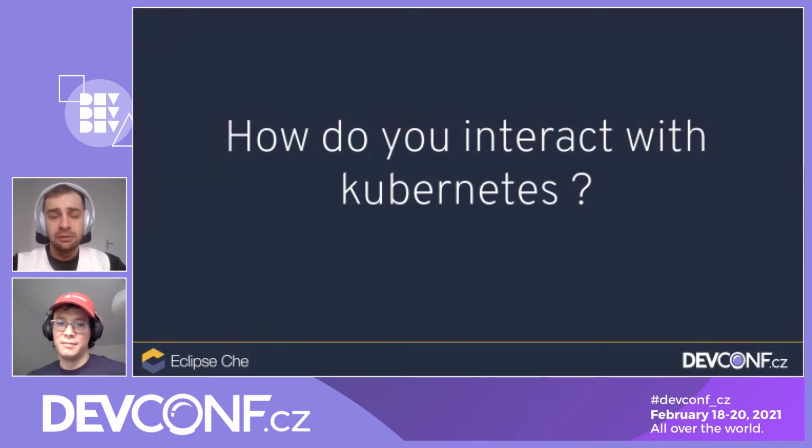Or maybe you are a developer and you use various libraries in order to create Kubernetes resources from your code. For example, in Eclipse Che, under the hood, we are using the wonderful Fabric8 Kubernetes client library for creation of Kubernetes resources. But no matter how you interact with Kubernetes, let's be honest, Kubernetes is hard for developers.